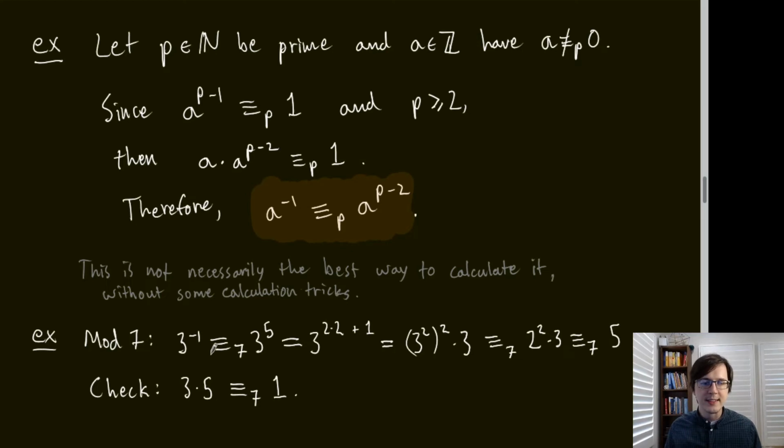So mod 7, let's calculate 3 inverse. According to this theorem, we can take 3 and raise it to the 5th power mod 7, and that will work. And then 5, I'm going to write it as 2 times 2 plus 1, because I'm thinking about 5 as being in base 2, and this is a way to do that.